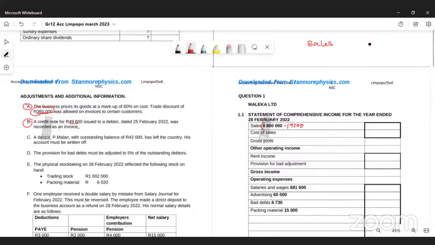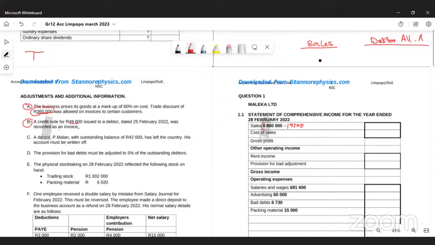We had these two accounts. Remember, there's a mechanism that I normally use, which I call ADC. Let's not deal with it in the form of an account.